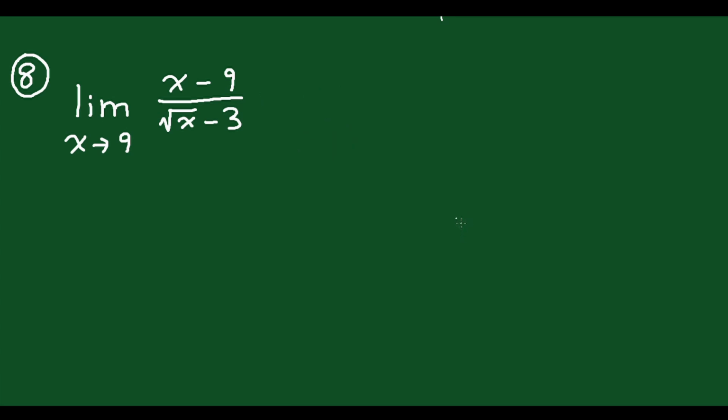Well, this is a very specific procedure. This is called multiplying by the conjugate. What is the conjugate? The conjugate is the opposite of this thing. So where you see square root of x minus 3, over here you're going to put the square root of x plus 3. And if you multiply by a fraction, the top and bottom have to be the same because that's like multiplying by 1, right?